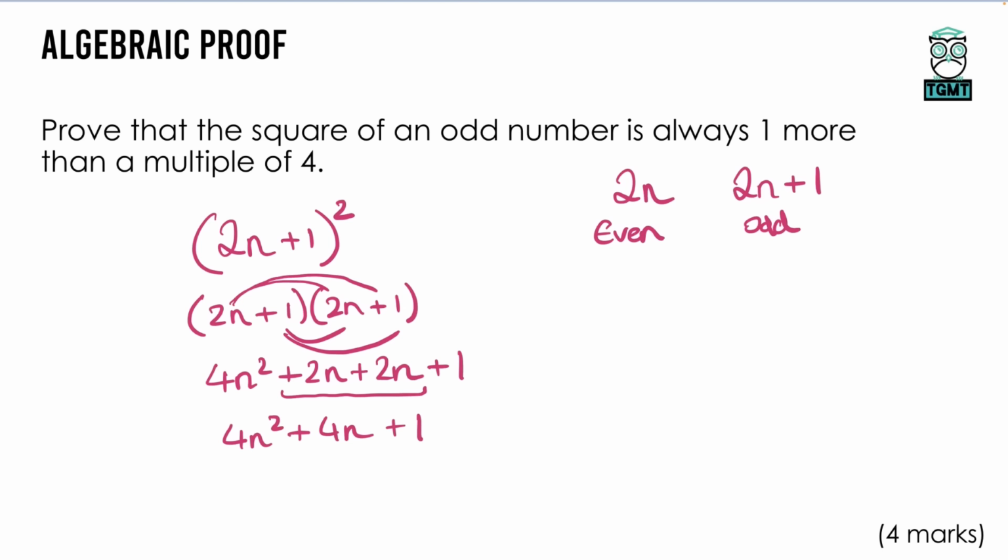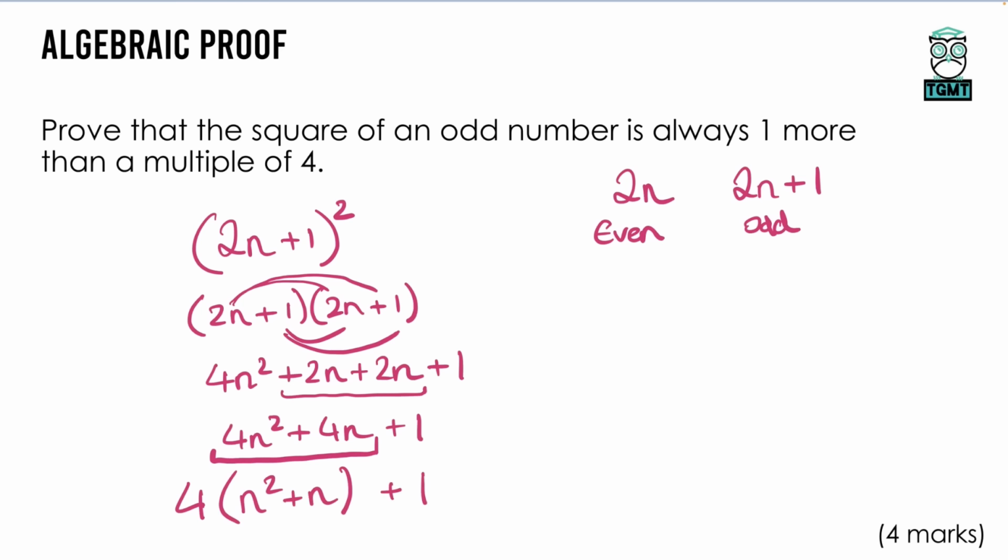However, we want that plus 1 to stay at the end because we want it to be one more than a multiple of 4. So all we're going to do is look at these pieces here that can be divided by 4, and we'll just factorise that bit. So 4 multiplied by n squared plus n, and then we have the plus 1.